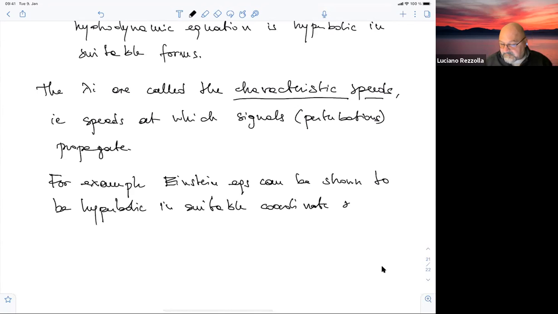If you remember what Luc Blanchet discussed this morning, at one point he was writing the Einstein equations in terms of a wave equation as a principal part, and he was using what he called harmonic coordinates. In such coordinates, you can show that the Einstein equations behave like wave equations, and wave equations are hyperbolic equations.